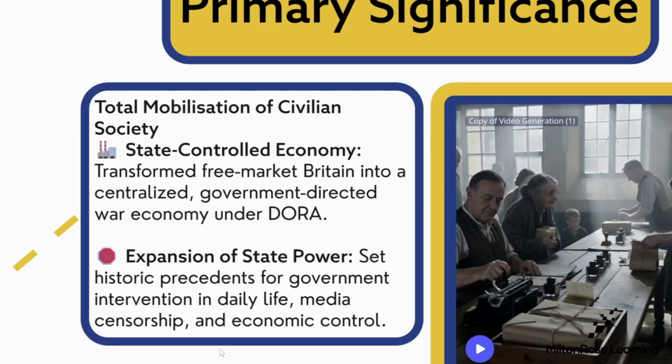It was a massive leap forward in state intervention, which set the scene for state intervention even into the present day. Previously the government was very laissez-faire and hadn't really liked to get involved in people's lives at all if it could help it. So I think that was a big step change, and that's of primary significance in my book.